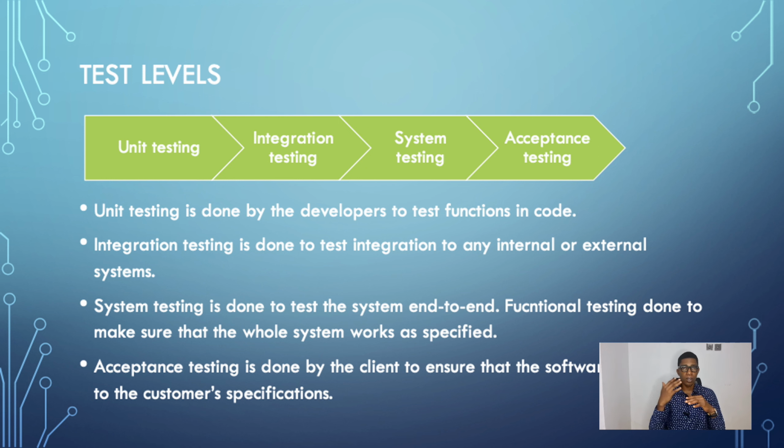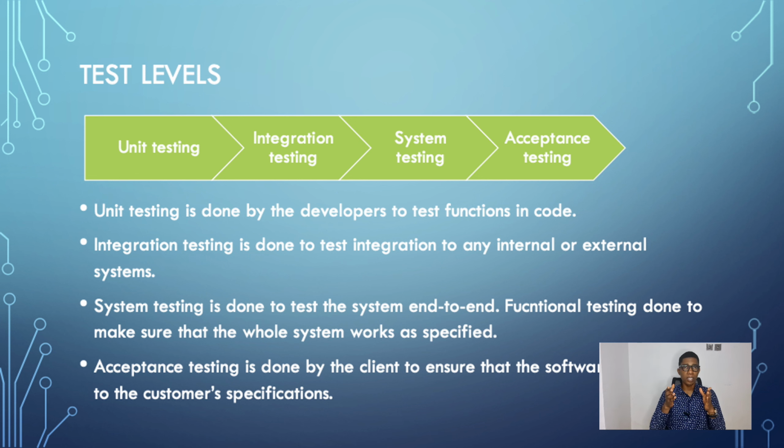And then the final level of test will be acceptance testing. It's also called user acceptance testing. This is the point where the user of the system performs their own test on the system to ensure that the system has been built to their specification.